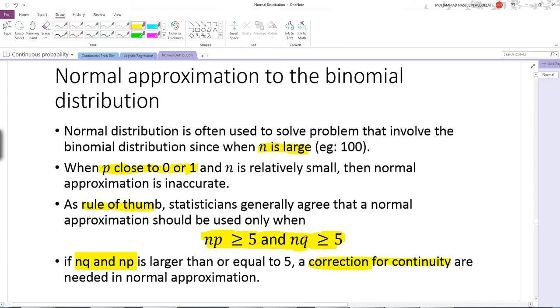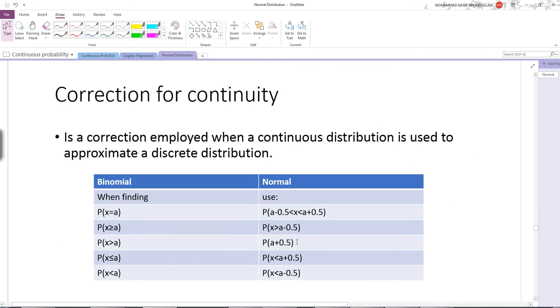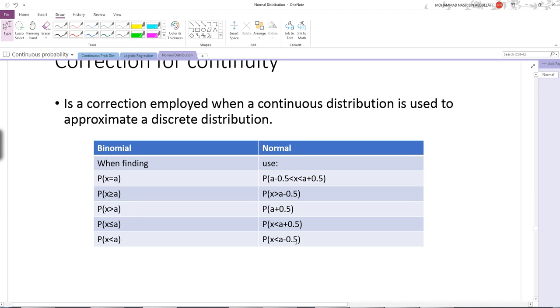Now, look here at the correction of continuity. In a binomial problem, when we want to find the probability of x equal to a, where a is a number, in a continuous distribution there are no point probabilities. That's why we need to do a correction of continuity by subtracting 0.5 and adding 0.5.